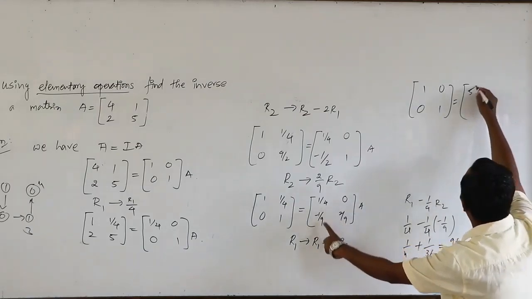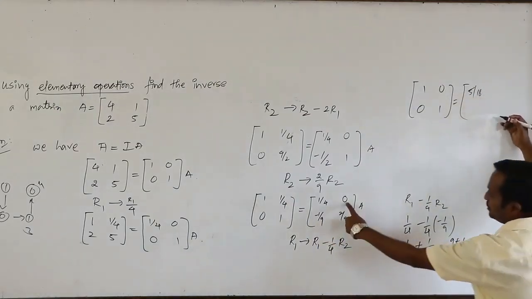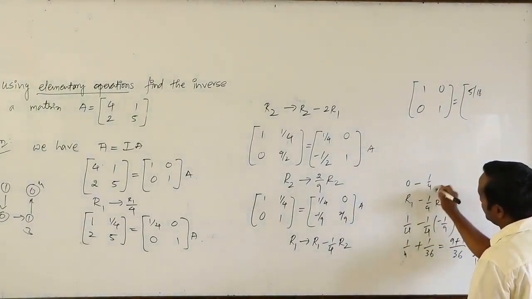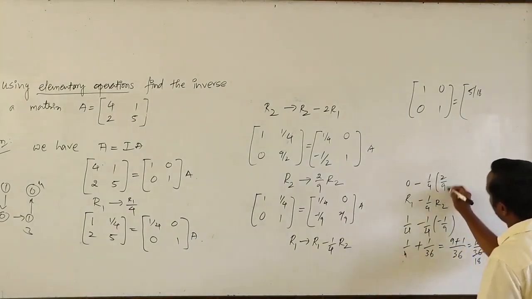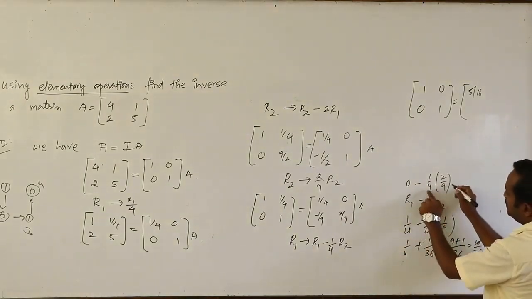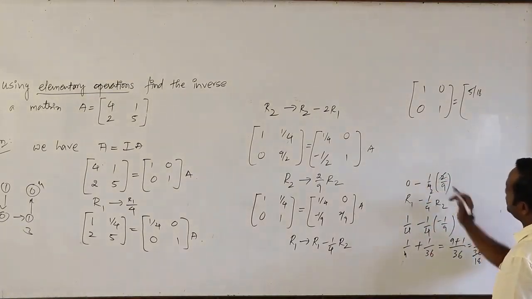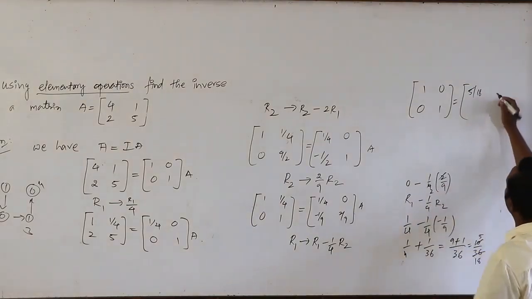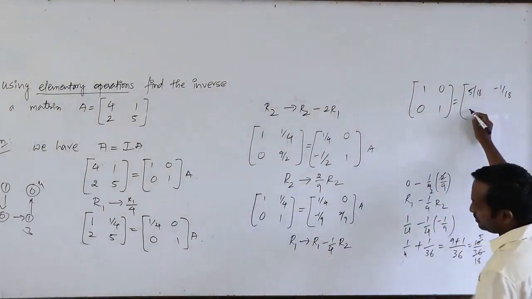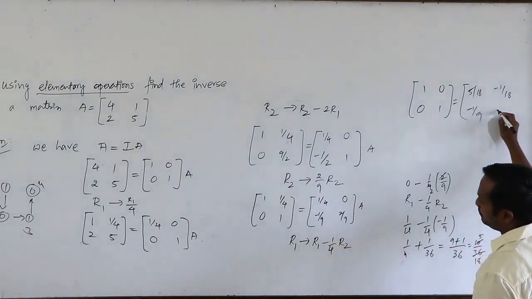This is 5 by 18. Next, this is 0. Observe, minus 1 by 4 R2, where R2 is 2 by 9. This is minus 2 1s are 2, 2 2s are 4, which is minus 1 by 18. And this, keep as it is, minus 1 by 9. This is 5 by 9.